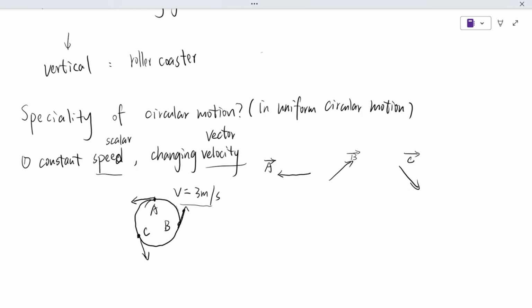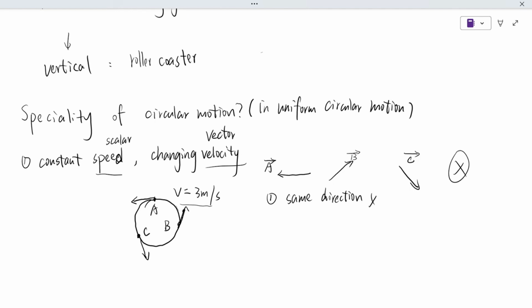Are they the same? No, they're not the same. How do you determine two vectors are the same? The first thing is same direction. Are they in the same direction?